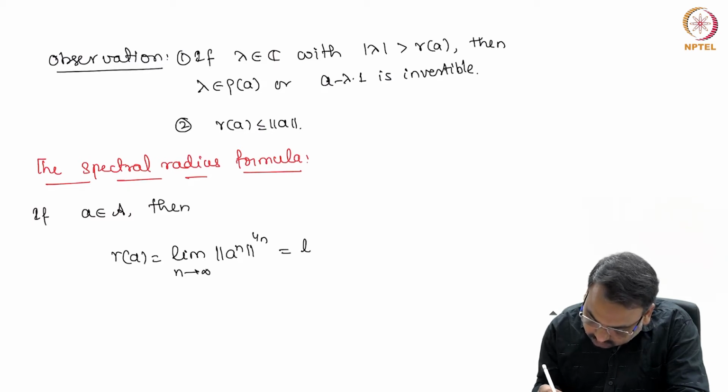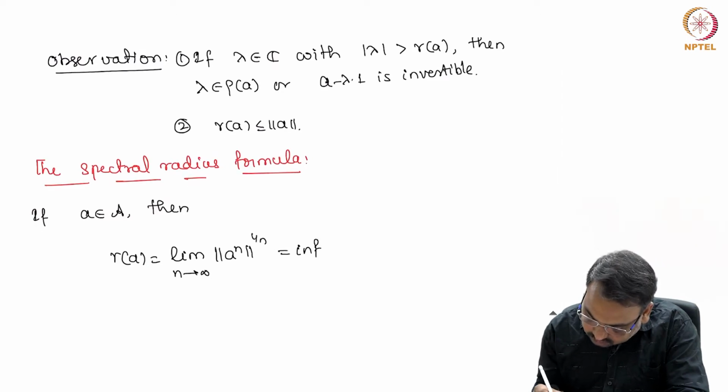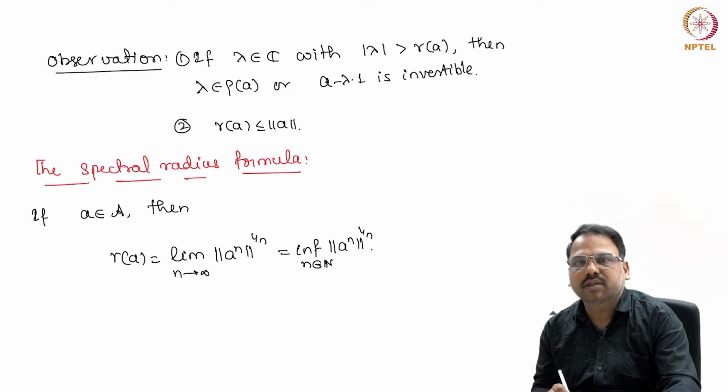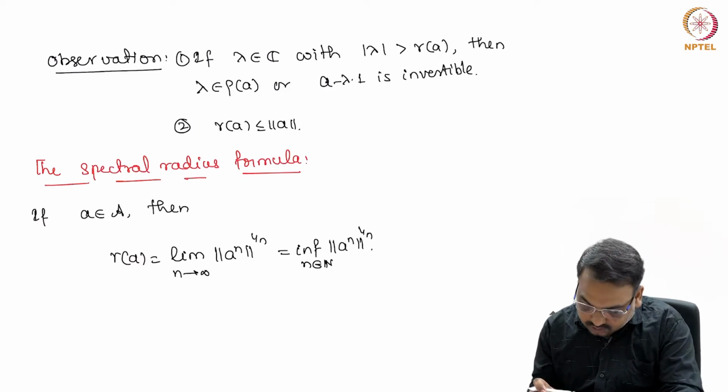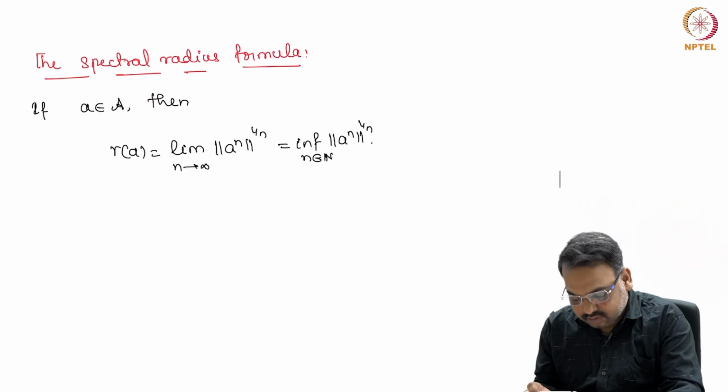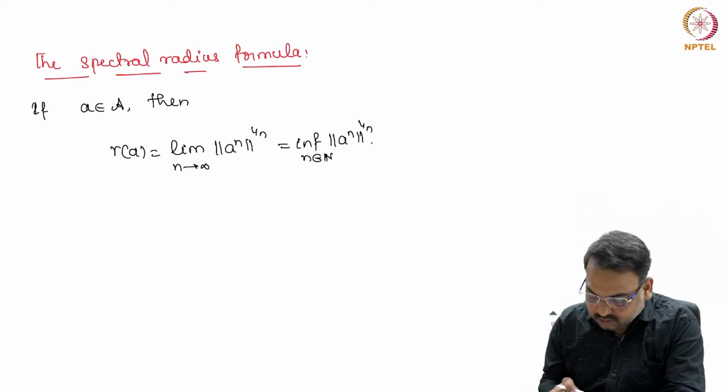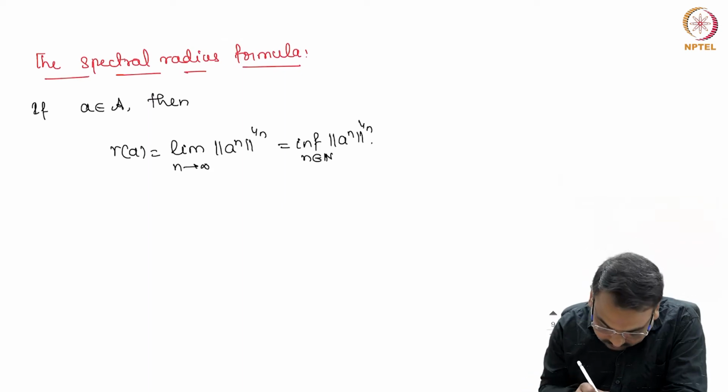So this is also nothing but the infimum of the same quantity. That means by looking at the iterates of a, we can find the spectral radius. To prove this result, we need one lemma. So let us quickly prove this.